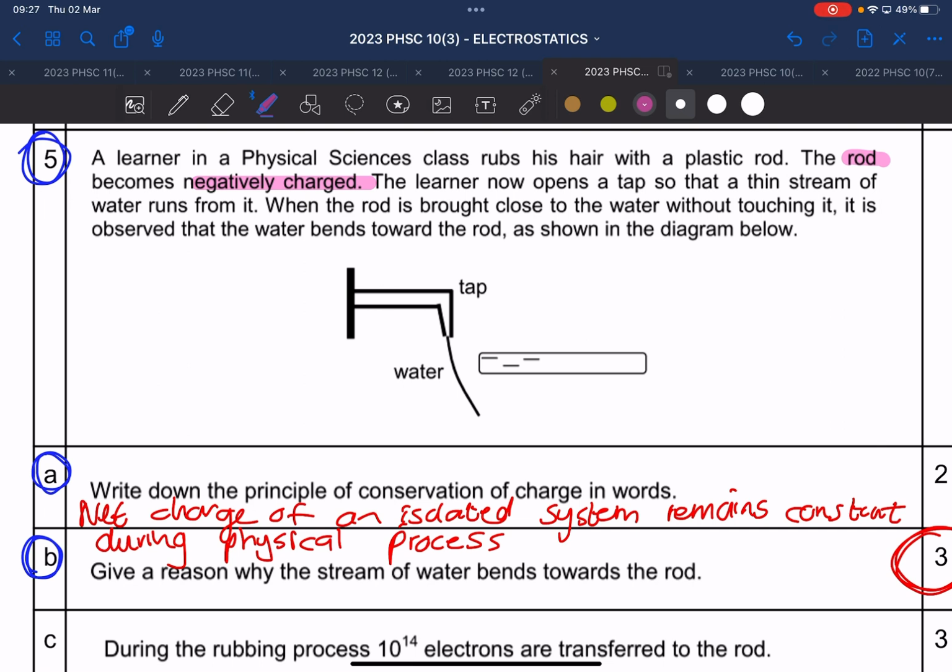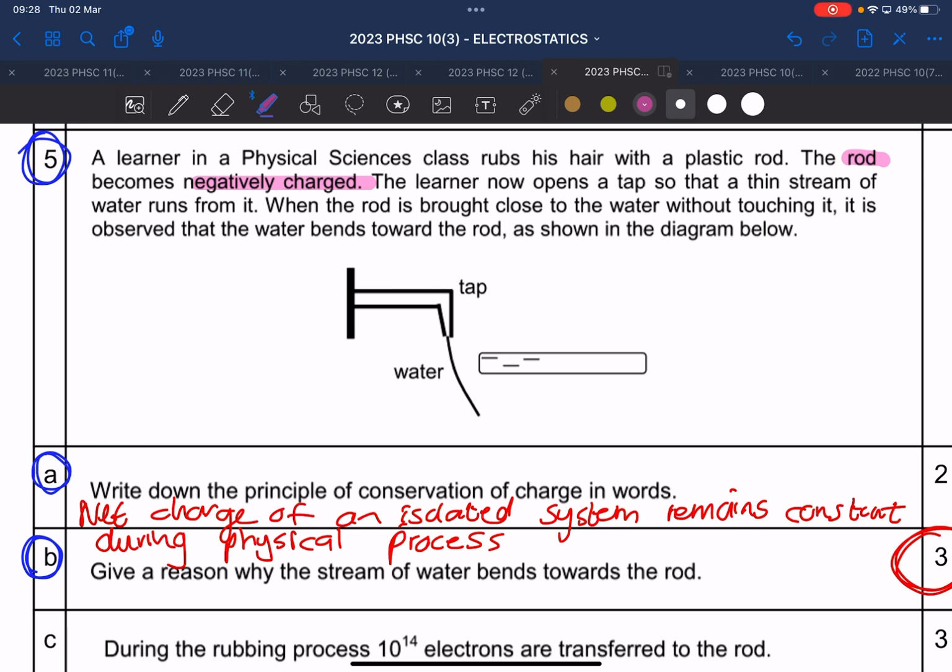Okay, and then the water is moving close to one another. There's no transfer of electrons because they don't touch. Alright, so for that, you get 1 mark. So you get 30%. You fail.